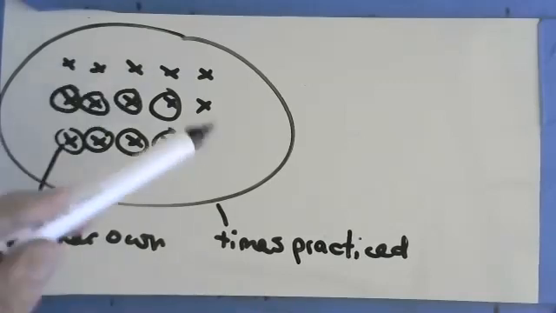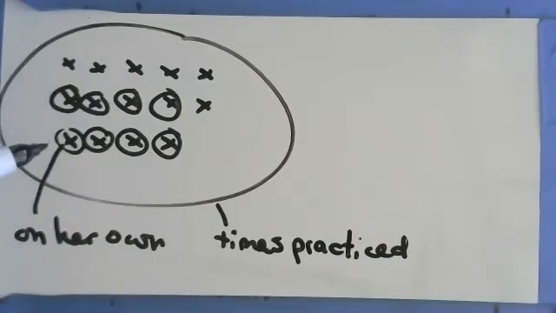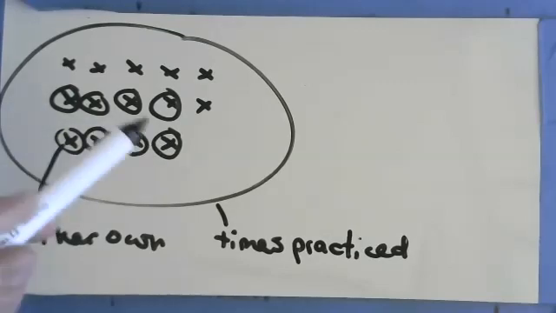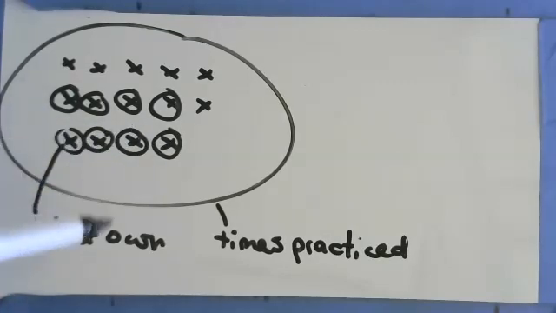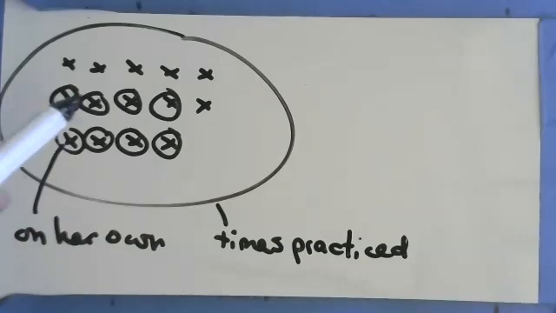They're saying out of the 14, the 8 she did on her own. So you have to show that the 8 are part of the 14. If you drew them separately, it would look like she practiced 14 plus 8 times total, and she really practiced 14 times total, out of which 8 she did on her own.